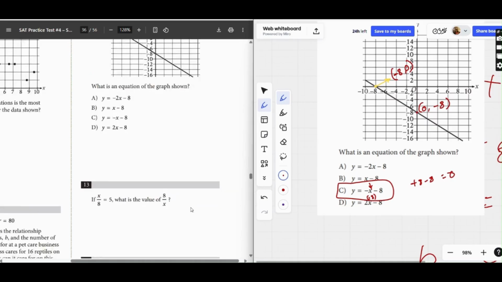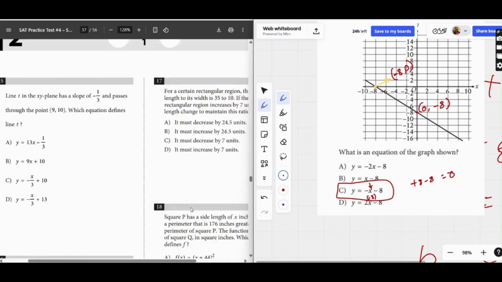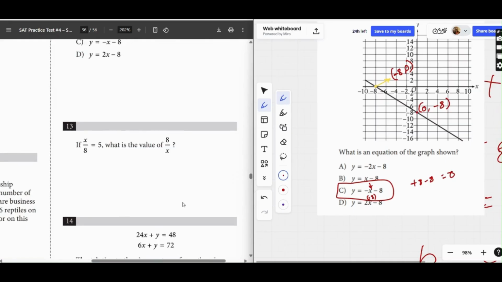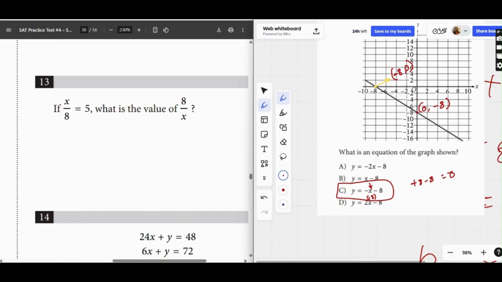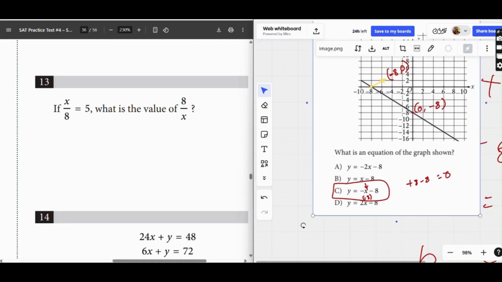The question number 13. All right. Take a second to solve this problem. If 8 by x, all divided by 8, equals 5, then 8 by x must be 1 by 5. It's just a matter of reciprocal.